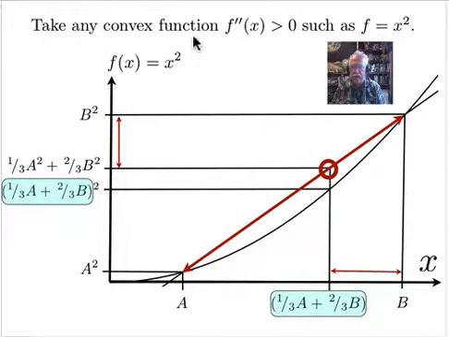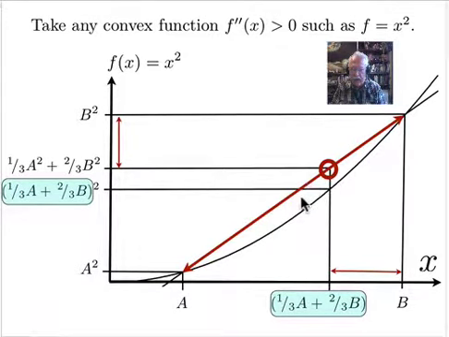The basic idea of convexity is demonstrated here for the function equals x squared. On the horizontal axis, we have 2 points, A and B. On the function axis, we have A squared and B squared. Along this line, which connects A and B, we have a slider.